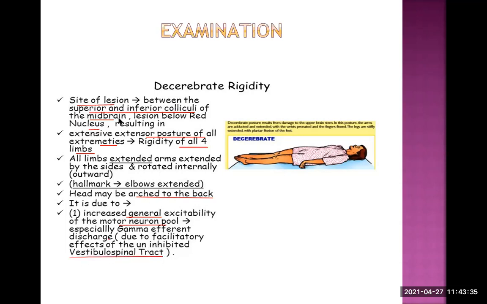Now, because of this lesion, the control which is there on the vestibulospinal tract by the cerebral cortex is gone. Okay, see this. So they become uninhibited. So this is the result of the uninhibited vestibulospinal tract on the gamma motor neuron. So this is cerebral rigidity.